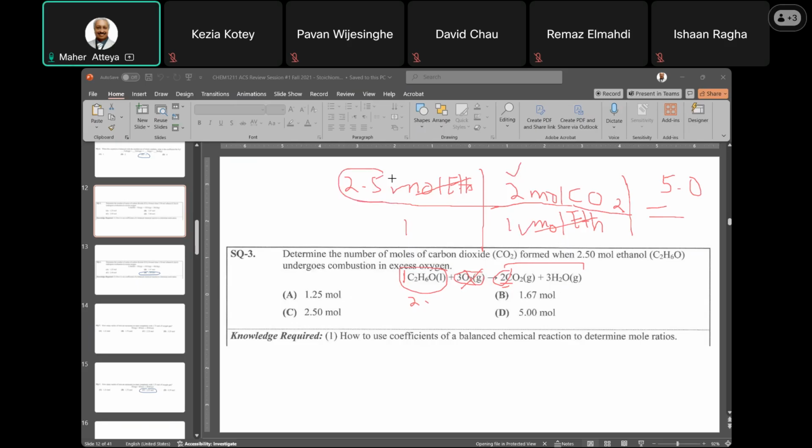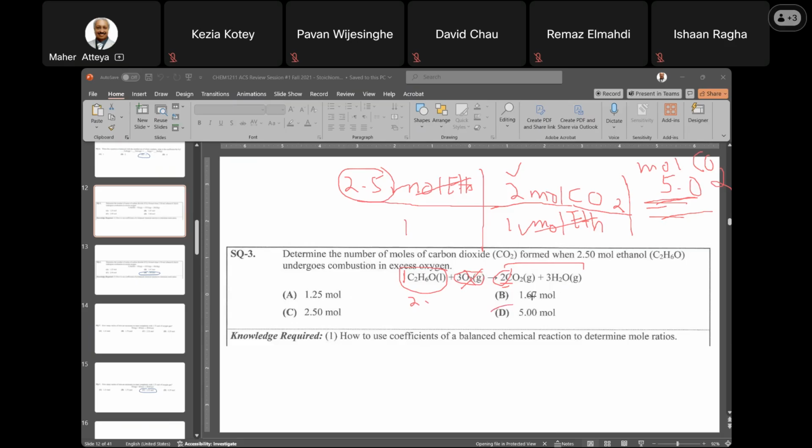Our answer has to have 2 sig figs, and this is 2 sig figs here: 5.0 mole CO2. Correct? So what's the answer here?